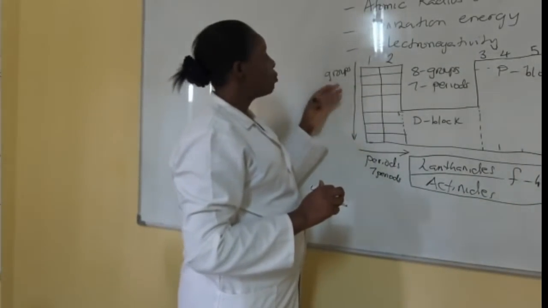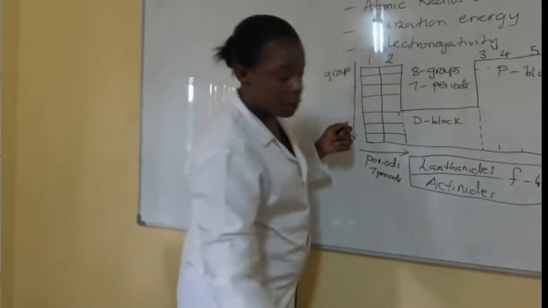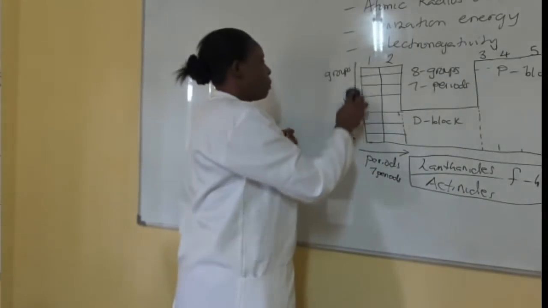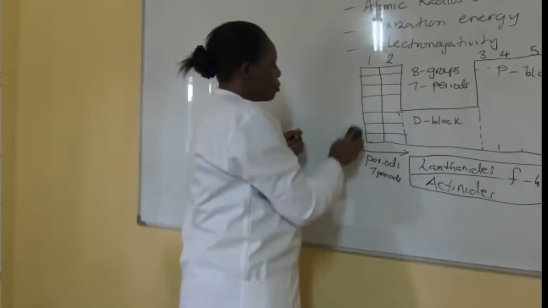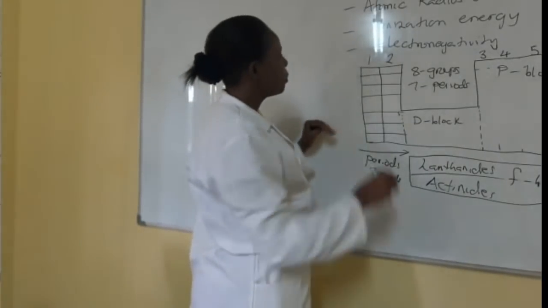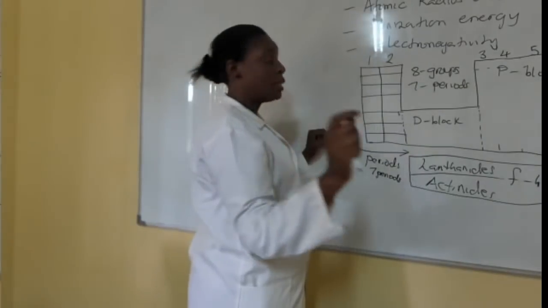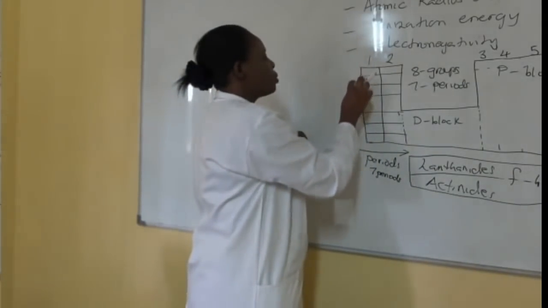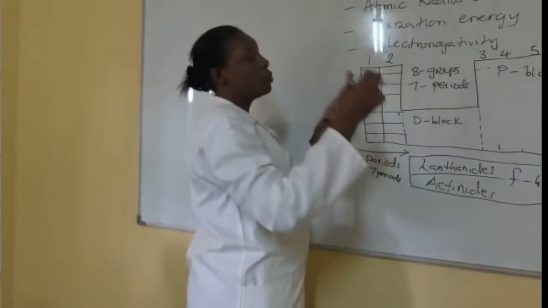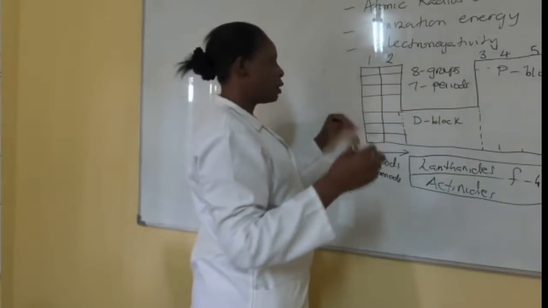But then the other thing you may need to note is when you move from top to bottom, you are actually increasing the principal quantum number, okay? Because you are filling orbitals in a new energy level as you move down.